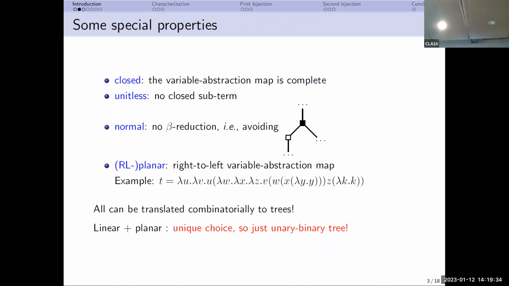Okay, and why we're interested in unary-binary trees is that some properties of lambda terms can be seen directly on the unary-binary tree. So, for example, when a lambda term is closed, it means that the variable abstraction map is complete.